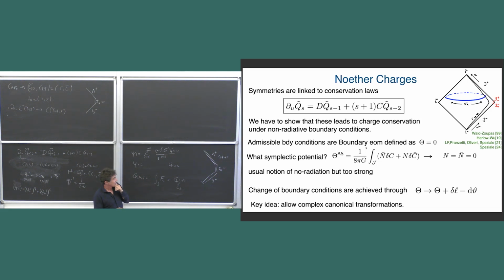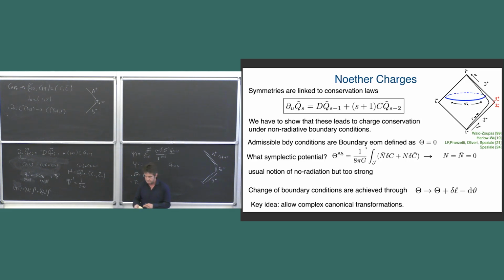Okay, so what is an admissible boundary condition? Boundary conditions are defined not by the fact that the symplectic form is zero, but by the fact that the symplectic potential is zero. The symplectic potential is PdQ, okay? If theta is PdQ, then your Neumann boundary condition will be P equals 0, for instance.